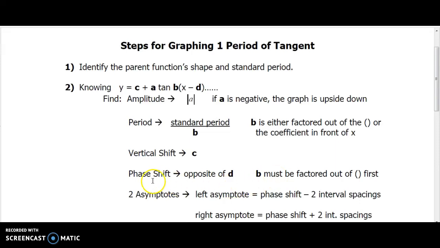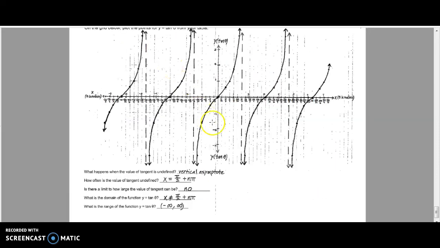There's a mention down here of how to graph the asymptotes, and hopefully this makes sense to you, but the left asymptote is going to be 2 interval spaces to the left of center, and the right asymptote is going to be 2 interval spaces to the right of center. So looking at the parent graph again, you can take one full period and break it into 4, just like we did with sine and cosine.